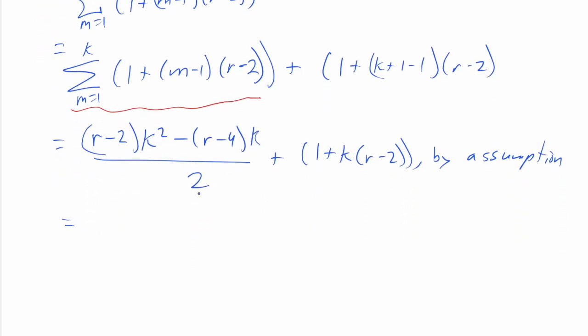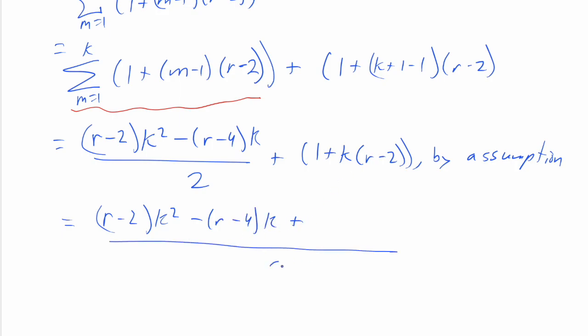Now typically with these questions you want to get a common denominator, so let's do that. So it's all out of 2, and this is now doubled. We're going to have 2 plus 2k times r minus 2. And we're going to have to do some simplifying here.